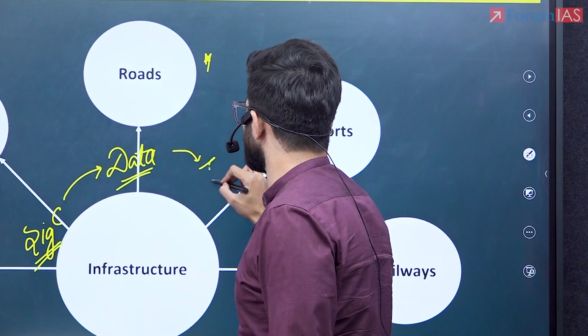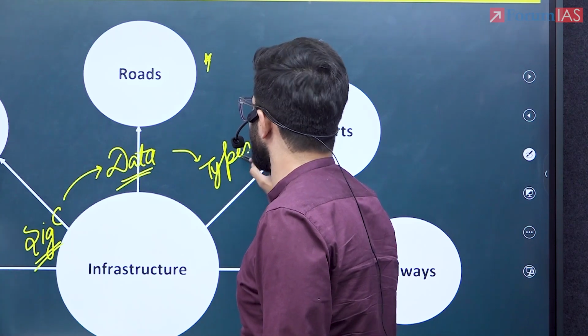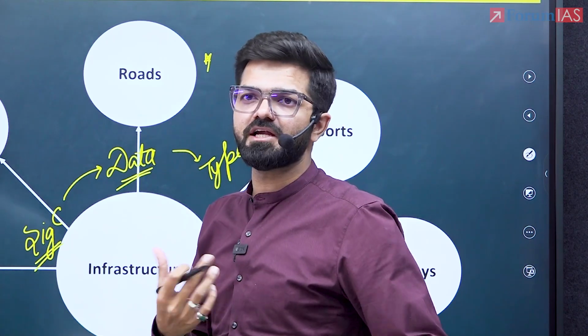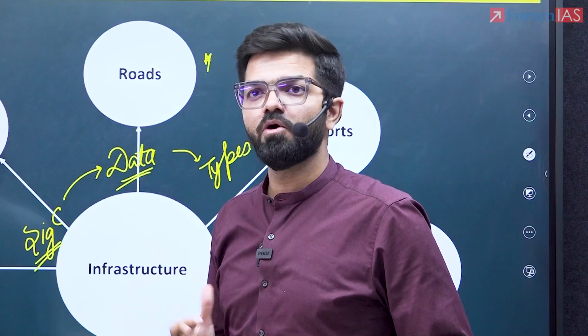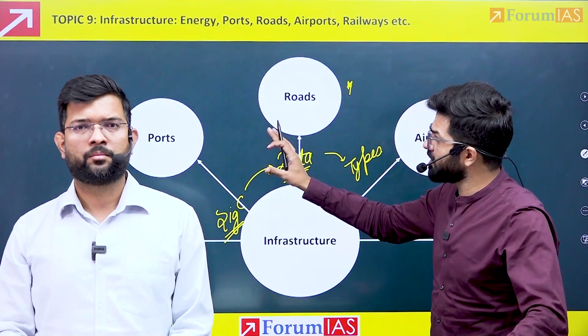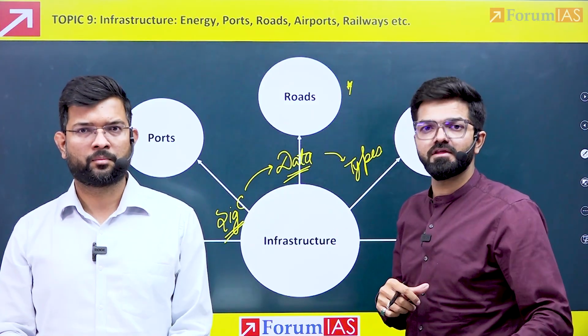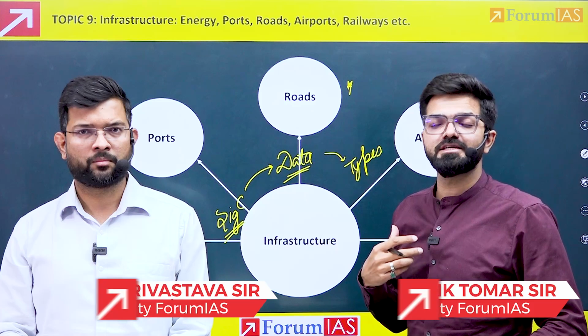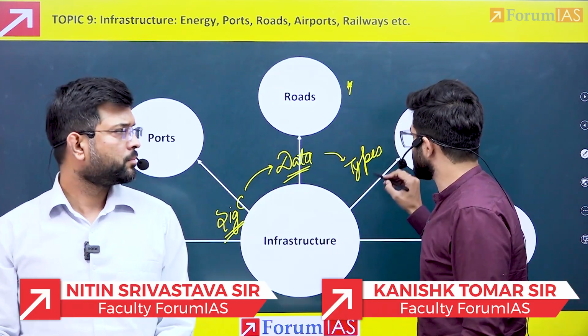Then within this you can also talk about types. Let's say we are talking about roads, we have highways, state highways, or the Bharatmala project. All that should be prepared. Within, let's say, ports, you should be ready with coastal or inland ports, etc. So types are also important.